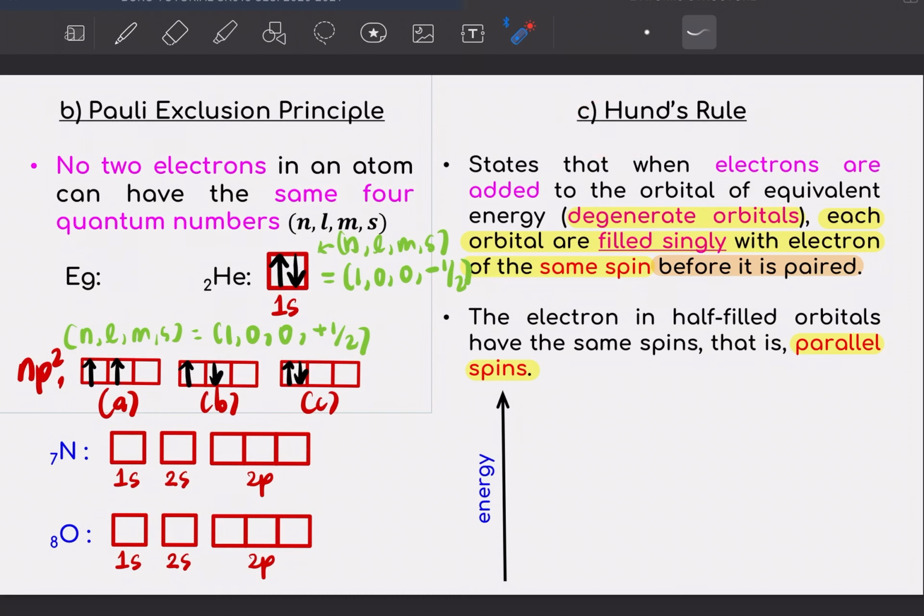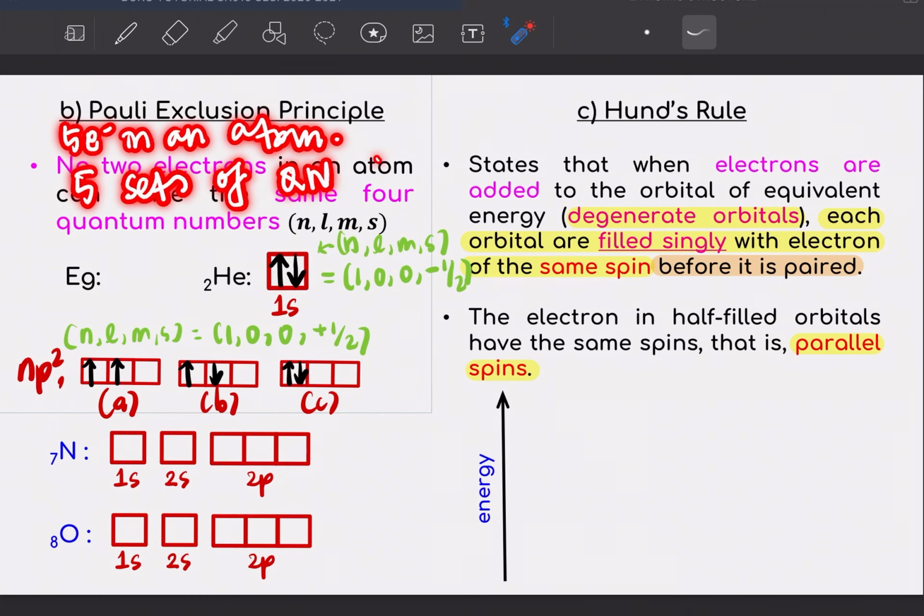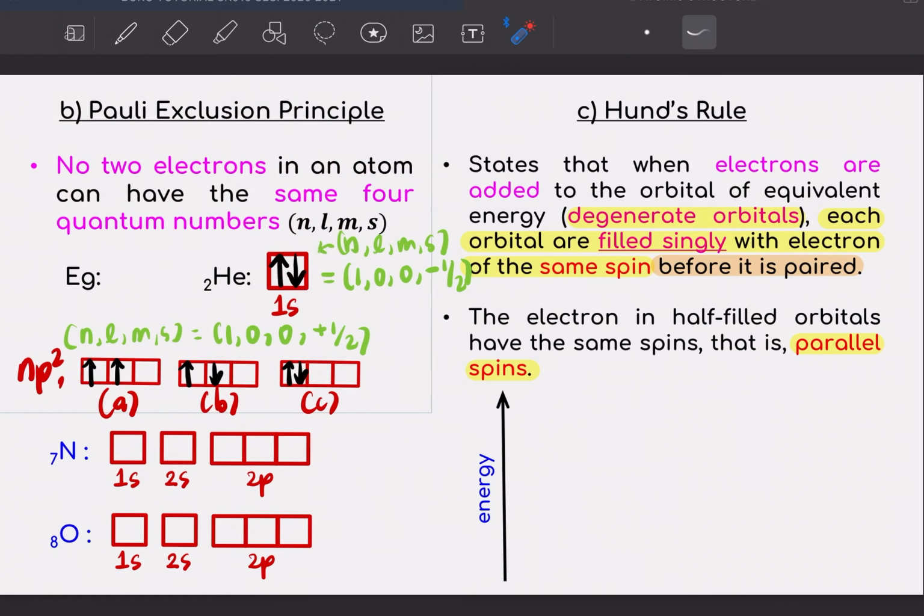Before that, for the Pauli exclusion principle, I want to emphasize that if you have 5 electrons in an atom, you will have 5 sets of quantum numbers that are unique. So it means that when there are 5 electrons in one atom, all five electrons have different n, l, m, s. Okay, different. Alright, moving on to Hund's rule.